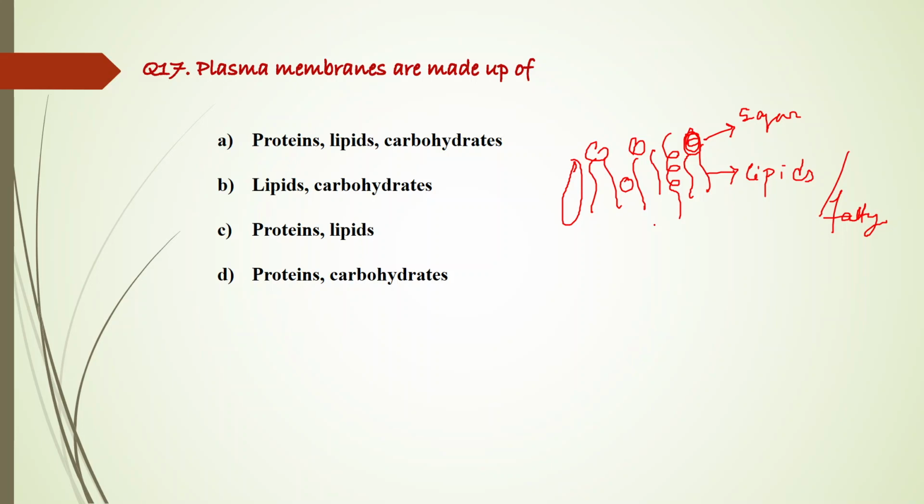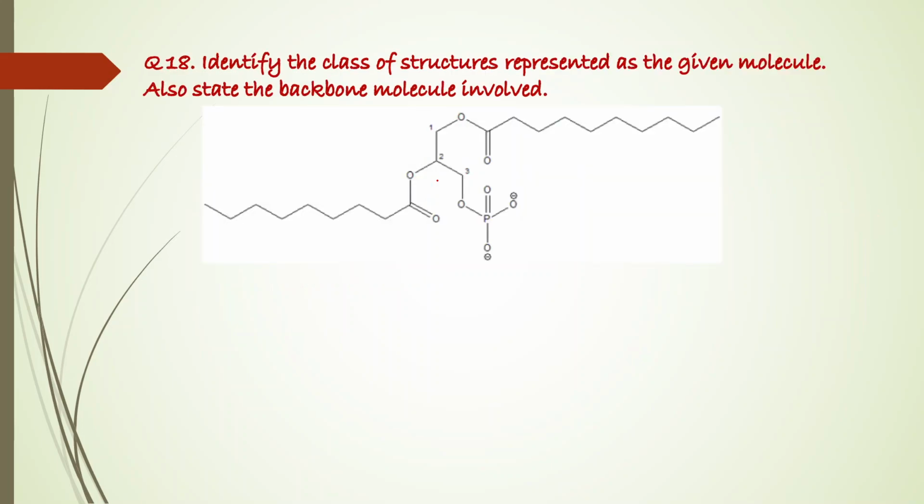So our plasma membranes are actually a mixture of all these three: proteins, lipids and carbohydrates. Removing any of these three will not lead to proper function of the lipid bilayers or bilayer membranes. Okay. So the correct option should be that plasma membranes are made of proteins, lipids and carbohydrates.